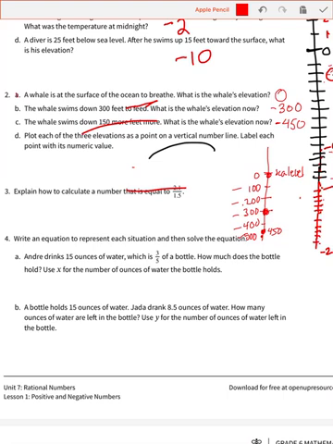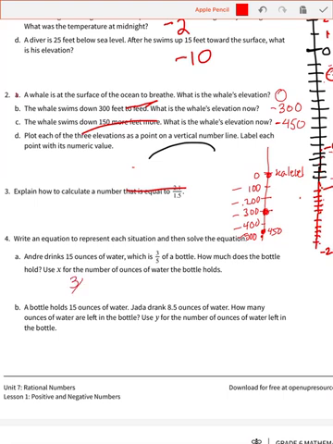Number 4 says write an equation to represent each situation and then solve the equation. Audrey drinks 15 ounces of water, which is 3/5 of a bottle. How much does the bottle hold? Use X for the number of ounces of water the bottle holds. So 3/5 of X equals 15.